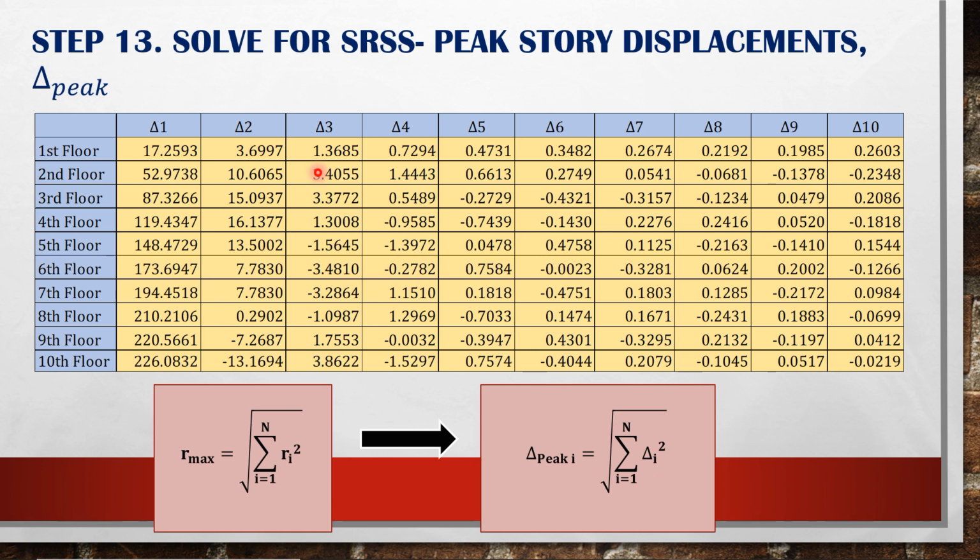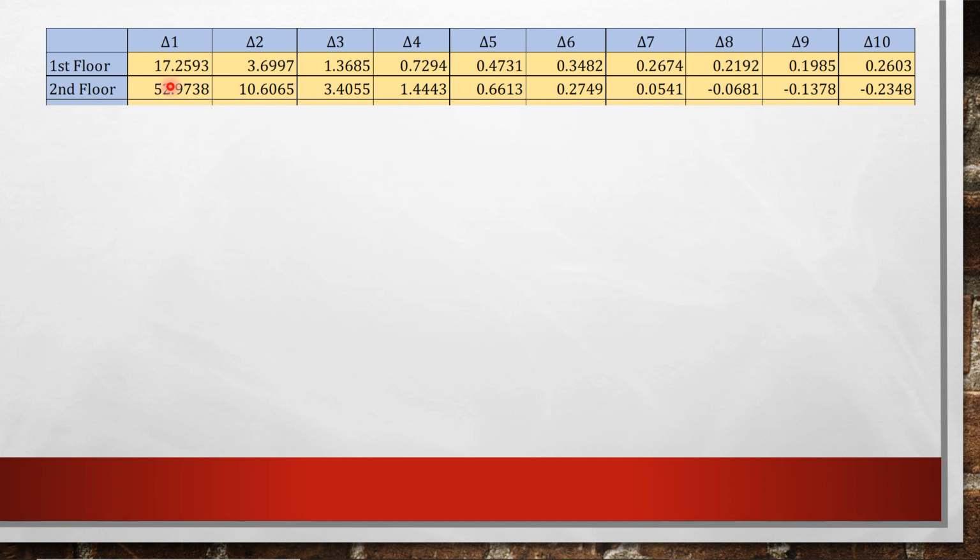Ito yung given, no? First, solve lang natin yung first and second floor kasi anyway, the same formula and the same process naman ang mangyayari from third floor to 10th floor. So, kung ano yung ginawa natin sa first floor, ganun din ang gagawin natin sa third floor, second floor, hanggang doon sa 10th floor. So, ito yung given, ito yung formula. Delta peak i is equal to the square root of, yun na nga, ito.